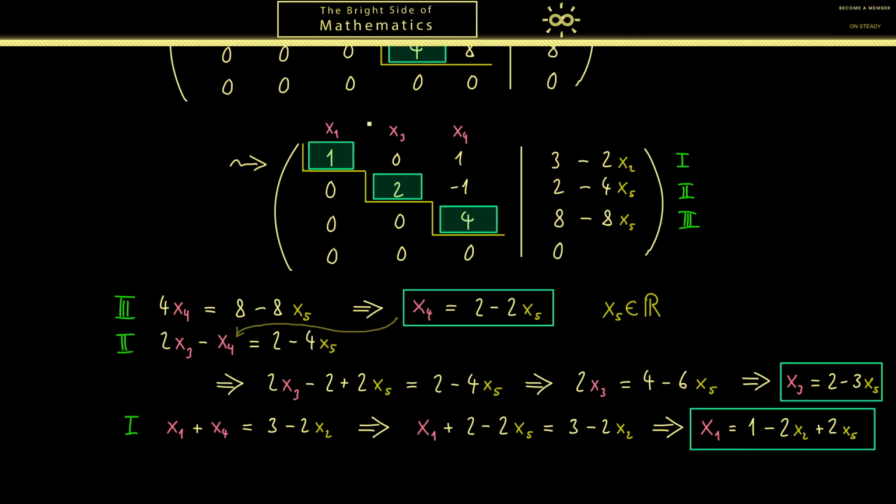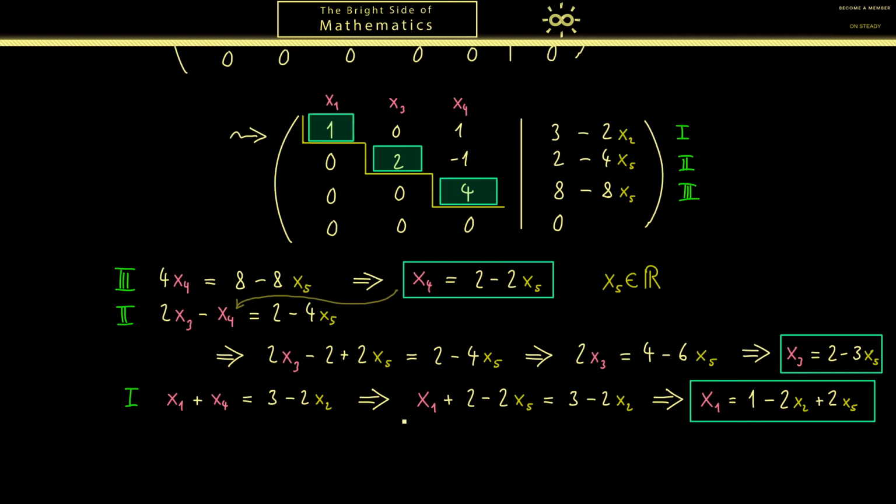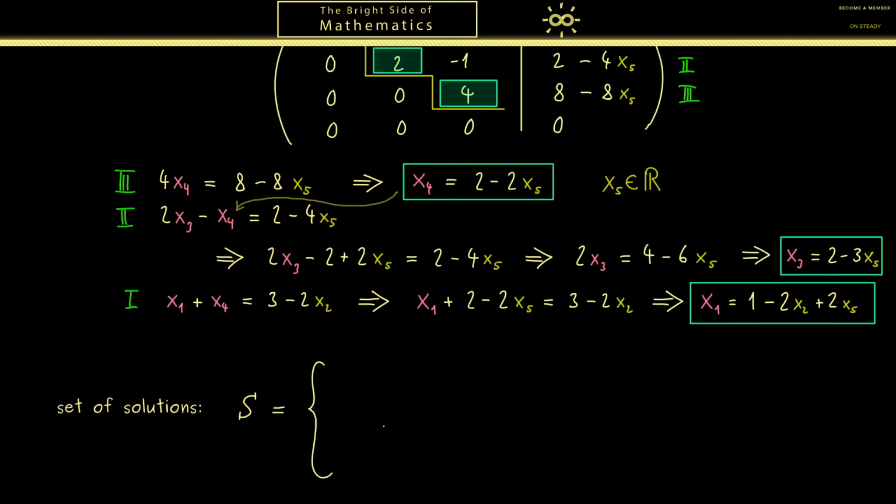Okay, and now to finish the whole thing, let's write down the set of solutions S. So here you should know, this has to be a set of vectors where the vectors have 5 components. However, we already know 2 of the 5 components are free variables. This means, as we already know, we could choose any real number for them.